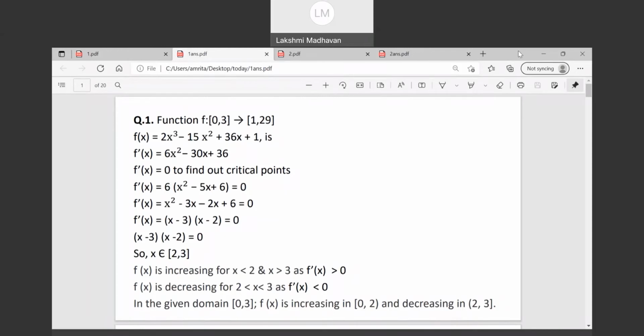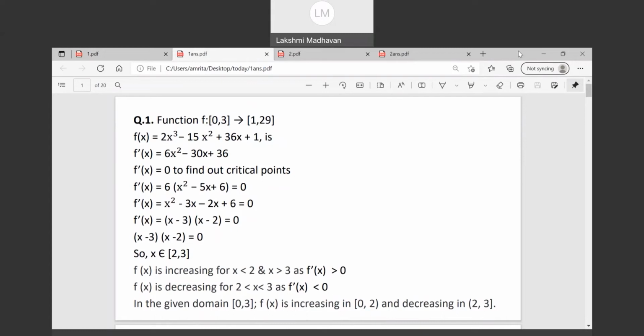So f dash is positive for those two parts. It will be negative between 2 and 3, in the interval 2 to 3. So we have multiple conditions here, and the function is increasing as well as decreasing.